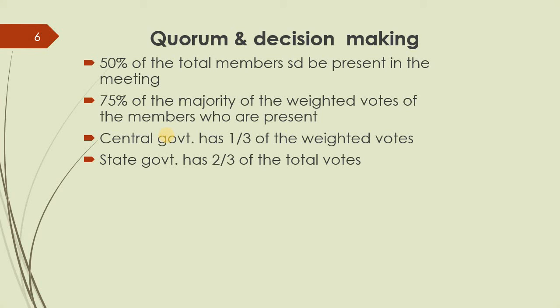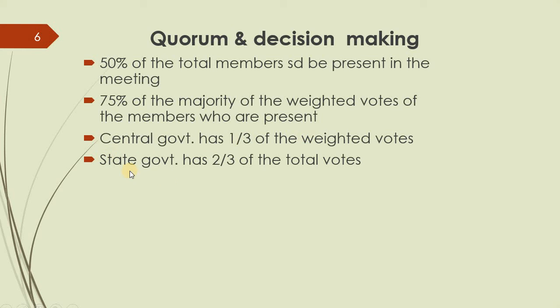Now, as we have discussed, the central government has 1/3 of the weighted votes, that is 33.33%. But the central government alone cannot make decisions. If all the state governments oppose the decision made by the central government, the central government cannot pass any decision.